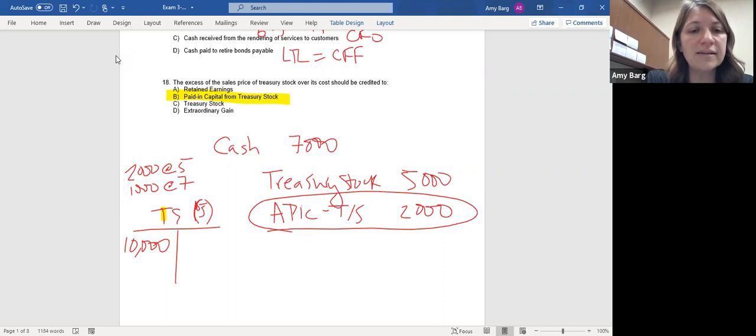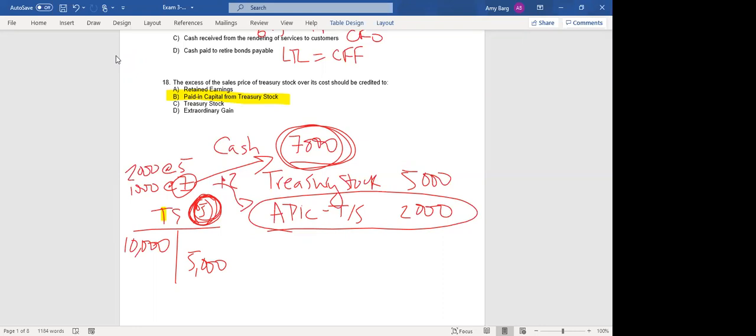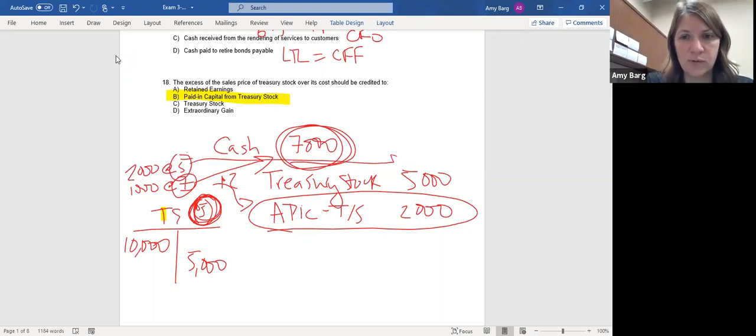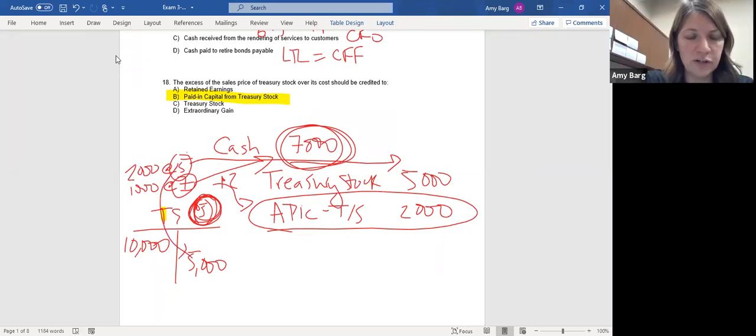Well, it still has to come out of our books at this original $5 per share. So it's going to come out of our books at 5,000, but we got $7,000 for it. So that's where the extra $2,000 comes from. The 5,000 was the actual cost. Yes, the 5,000 is the actual cost. That's what it's going to come out of our treasury stock at.